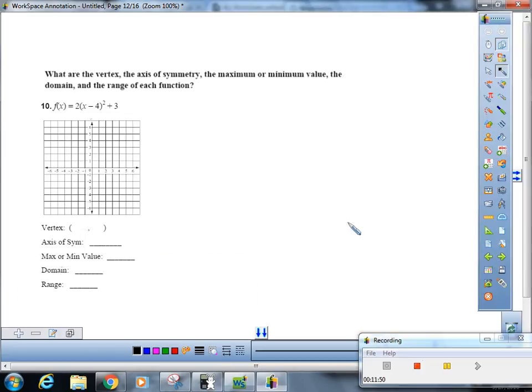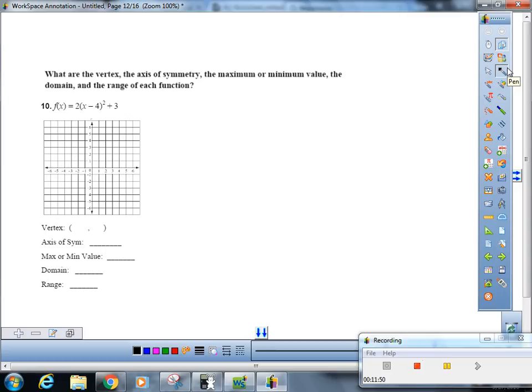Okay, one more question. What are the vertex, the axis of symmetry, the minimum and maximum value, the domain, and the range? First of all, if you want, you can just pop this into your graphing calculator, and we're definitely going to do that to check our answers. We really want to take advantage of our technology. We want to become great at using this.